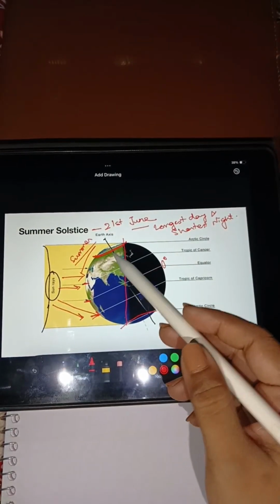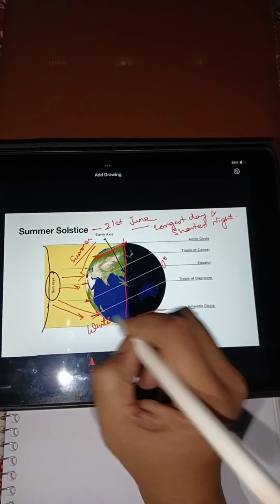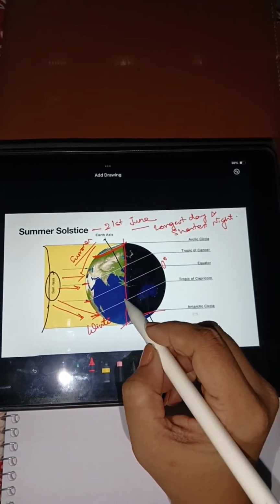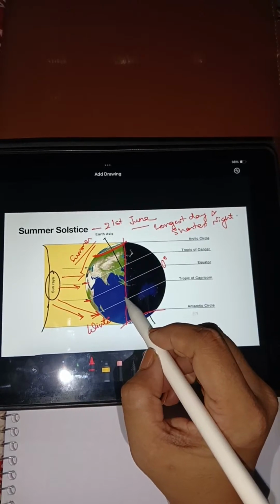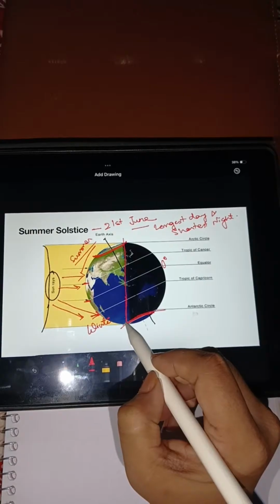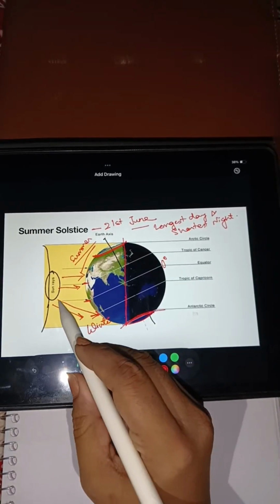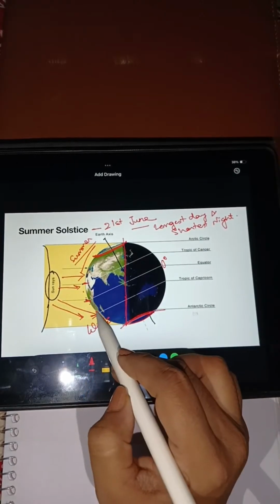And the reverse happens here. You can see that the shadow circle is covering the whole of the Antarctic Circle and this region with night.